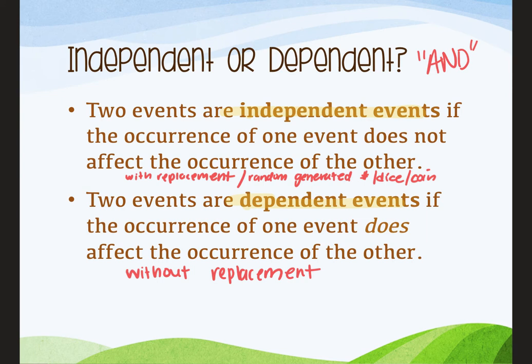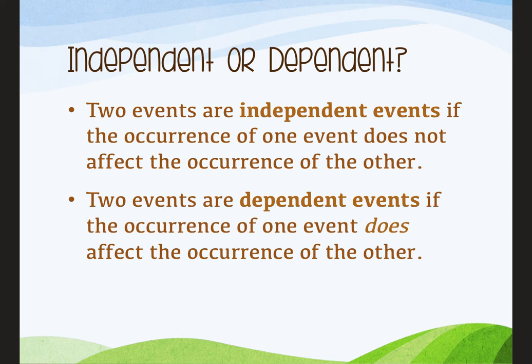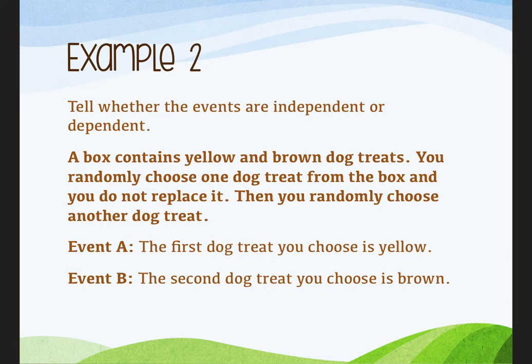Now I altered my set, so the second thing I want to get has a different sample space than the first. In independent, we start with a fresh set every time. In dependent, we're going to alter the set, okay?